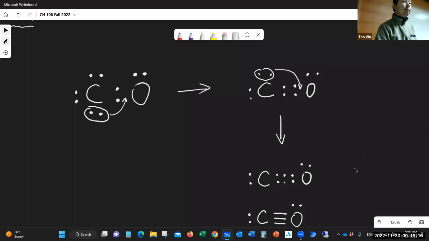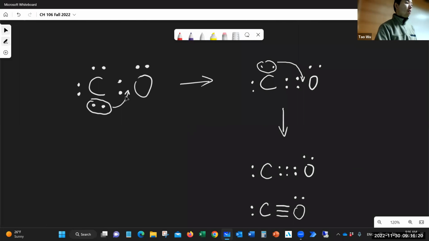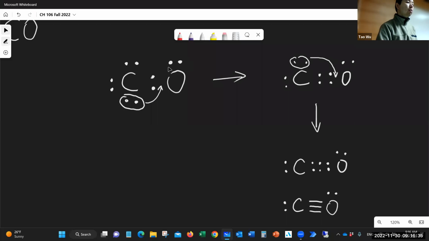Why not put 2 dots on the oxygen and remove 2 dots on the carbon, and have 2 dashes between them?